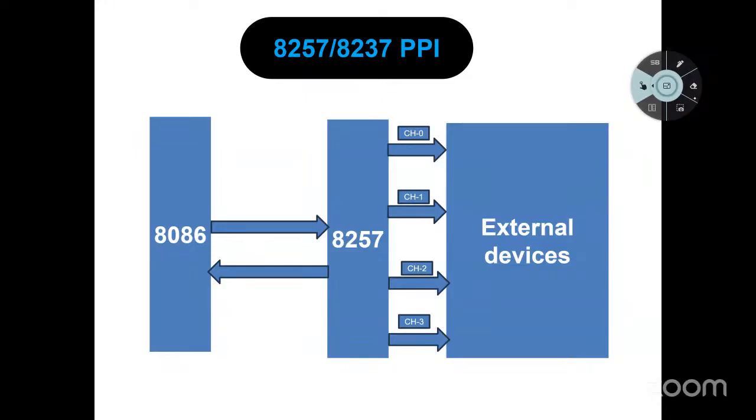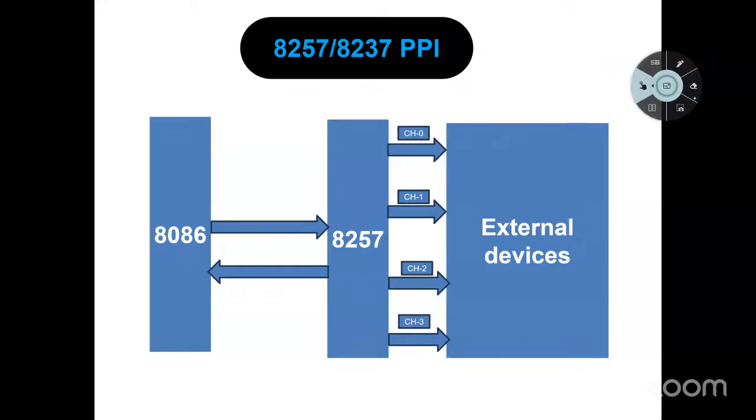Explain each block and how you are connecting external devices. Draw the interfacing of one input device with memory using 8257. In that case, the structure is like this; this is the block diagram.